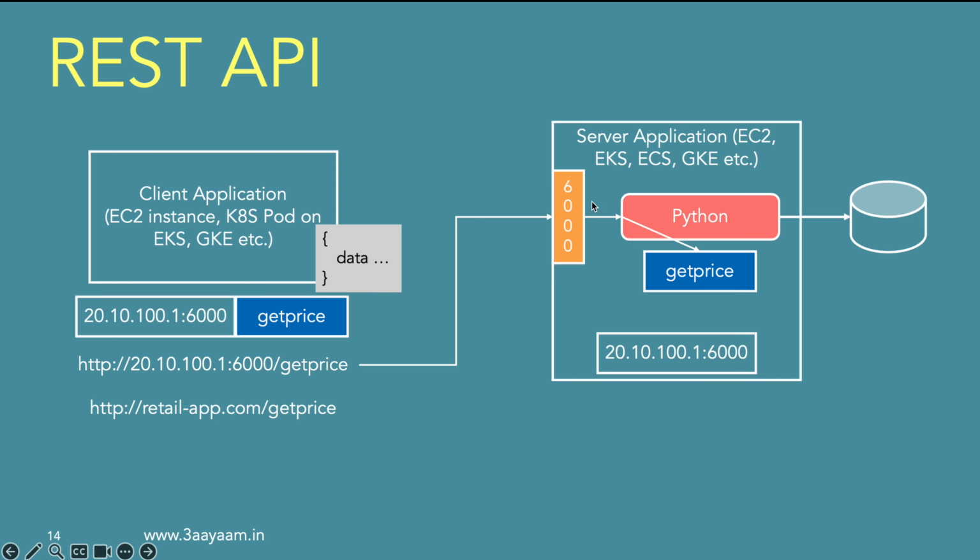It will hit port 6000 and land on the program and on the get price function. The function would execute its functionality to get the data from the database. Once the data is received, it would be sent back to the client application in JSON format. So this is what a REST API does, and this is how the communication happens.